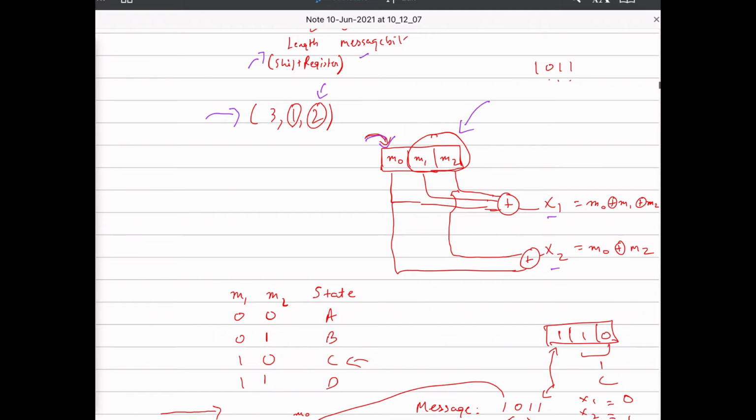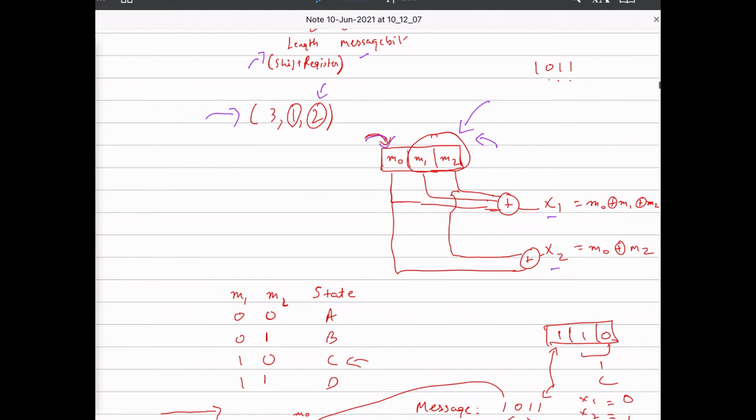However, there is one more concept here that is called the state. The states of the system will be given by m1 and m2. If I have a 3-bit shift register and 1 bit of the message is being considered at a time, denoted by m0, then the rest of the bits in the shift register, in this case m1 and m2, the 2 bits, give the states of the system.